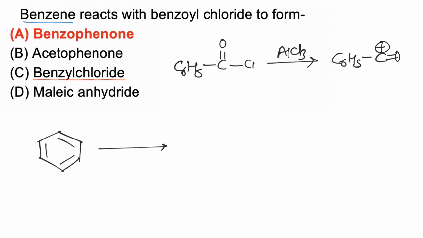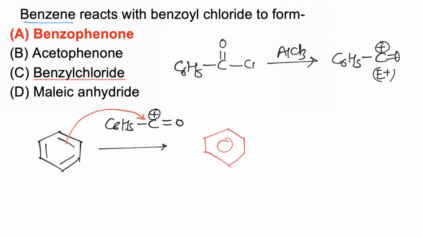Now this carbocation, C6H5C double bond O positive, acts as an electrophile, and the benzene nucleus acts as a nucleophile. So benzophenone is formed as the final product, and hence the correct answer is A.